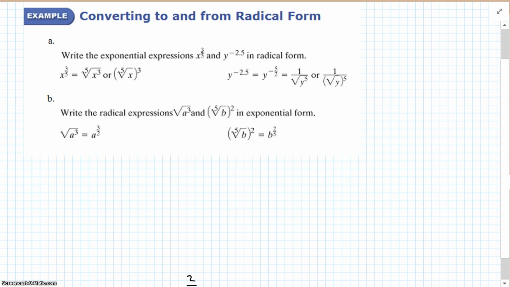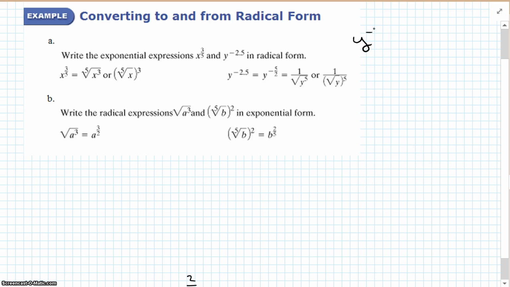So let's convert x to the 3 over 5 power, which is the same thing as the fifth root of x cubed. And y to the negative power. Remember, a negative exponent just takes everything over 1. Alright, it just takes everything over 1.